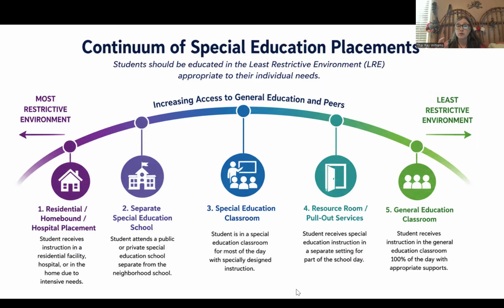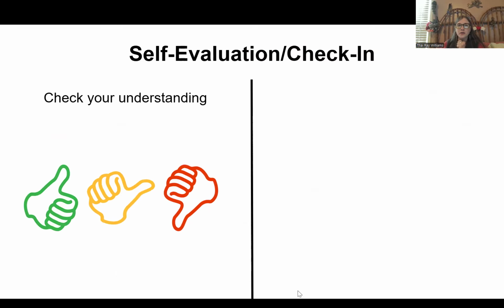And so there may be a student for whom a residential placement is the least restrictive environment. There may be a student for whom a special education classroom is the least restrictive environment for reading, for example. So individually based, and the general education classroom is not always the least restrictive environment because it has to be appropriate.